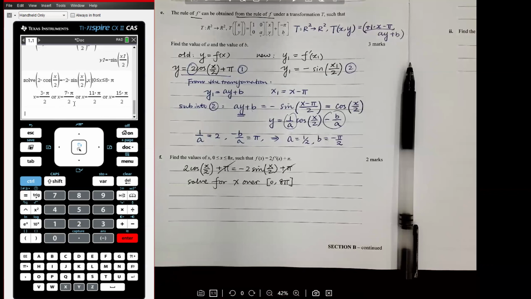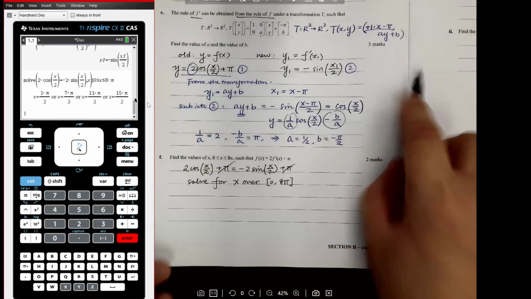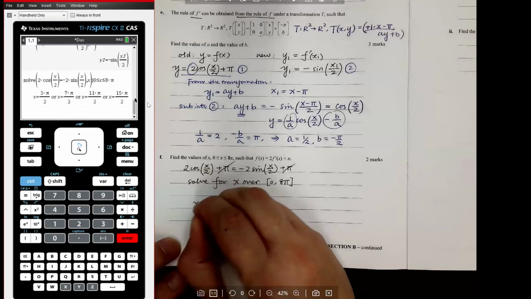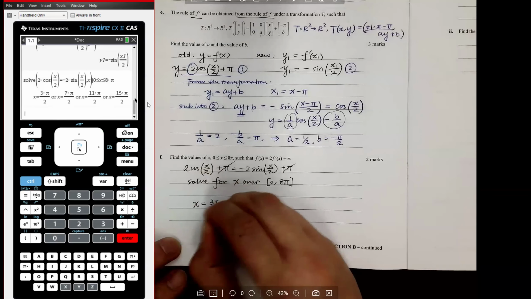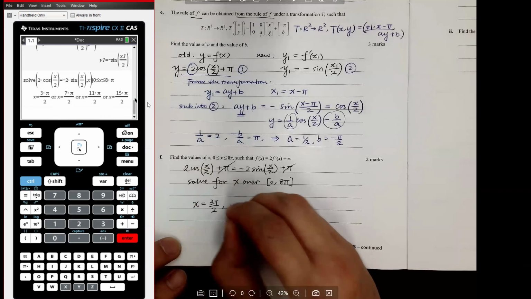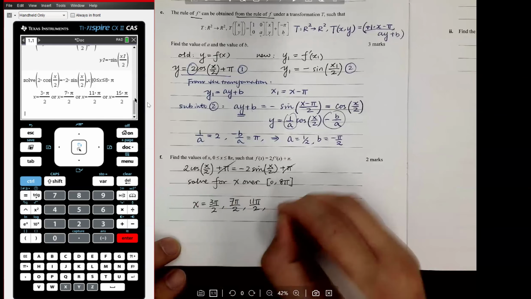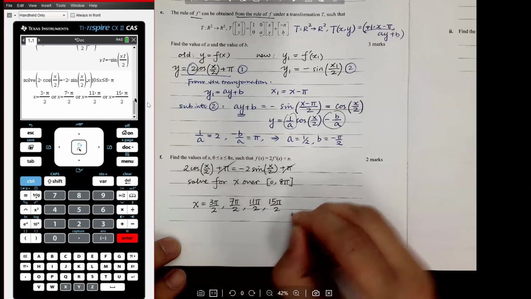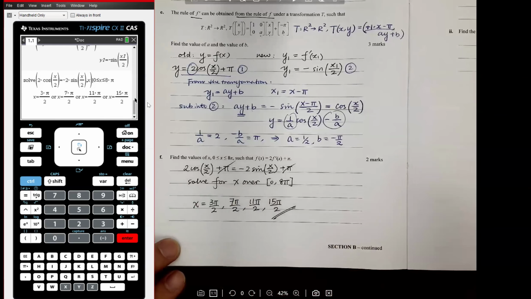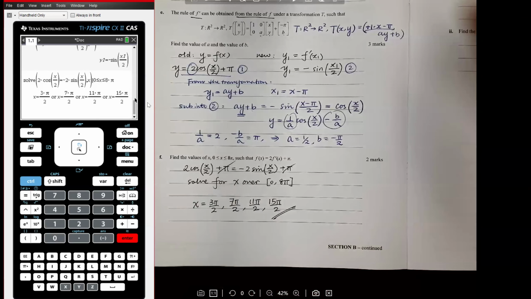So you get these 4 solutions, okay? x equals 3 pi on 2, 7 pi on 2, 11 pi on 2, and 15 pi on 2. That is the final answer. All right, we can move on and look at question 2.